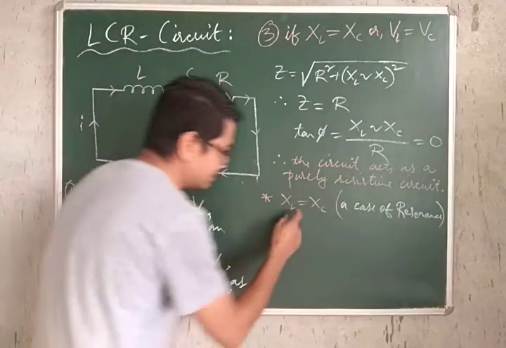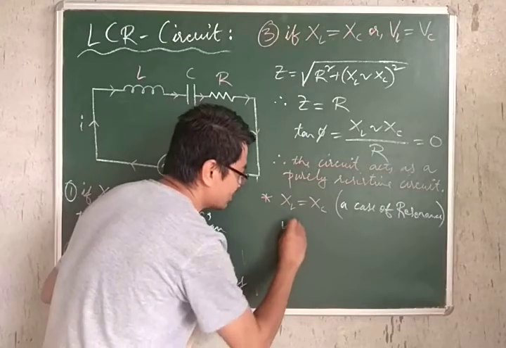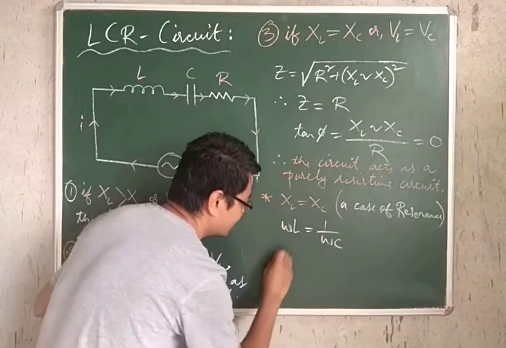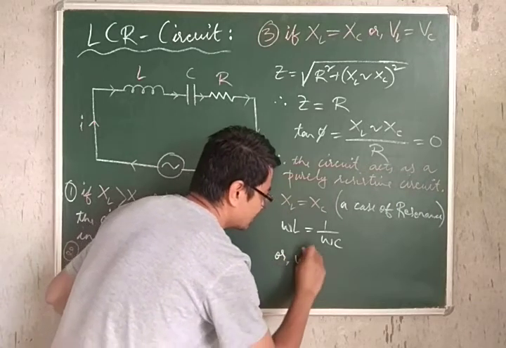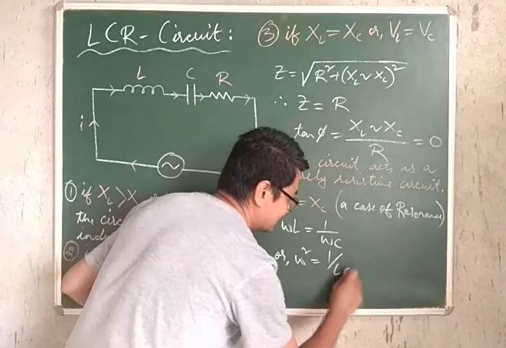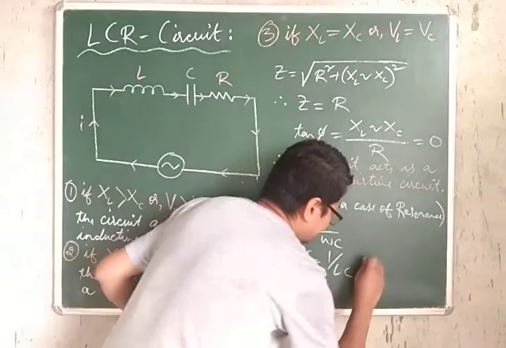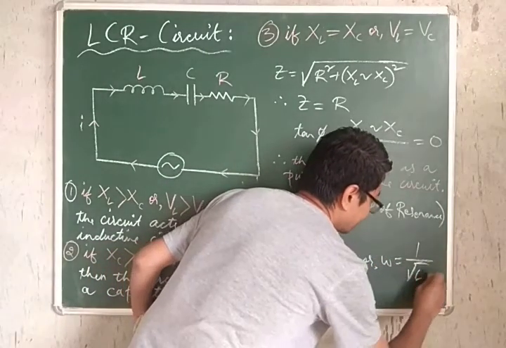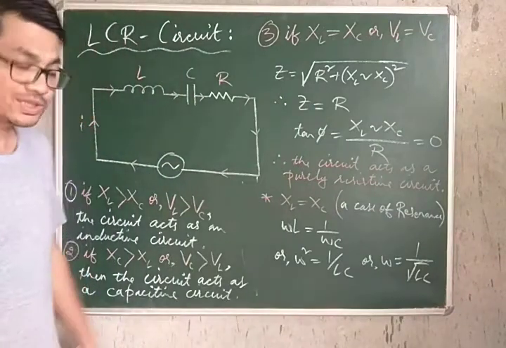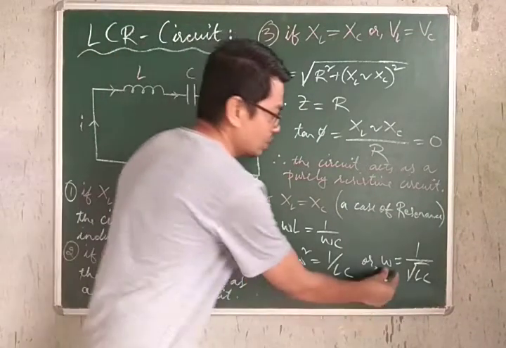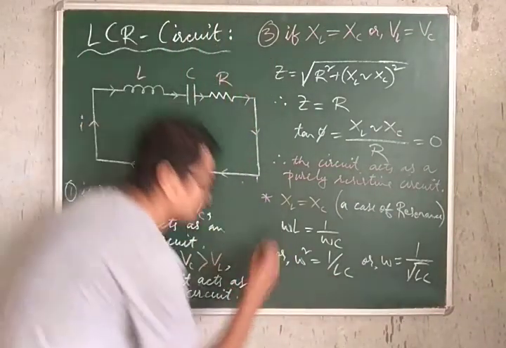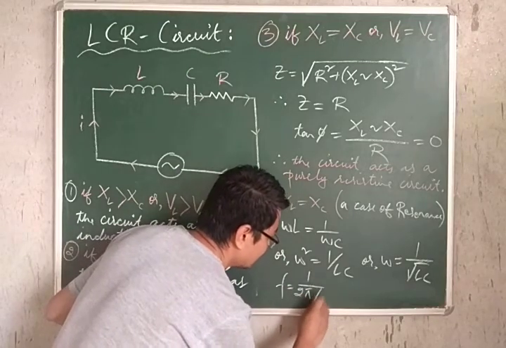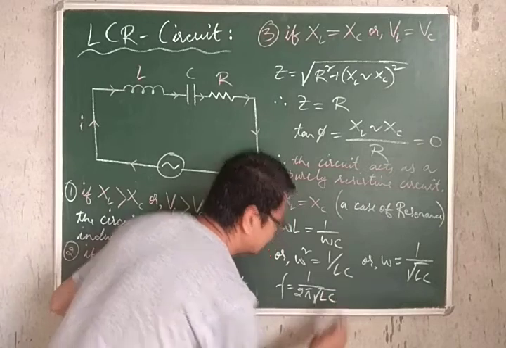So what happens here is XL is omega L and XC is 1 upon omega C, or I can write omega squared is 1 upon LC, or omega is equal to 1 upon square root of LC. Now since omega is 2 pi f, f can be written as 1 by 2 pi square root of LC.